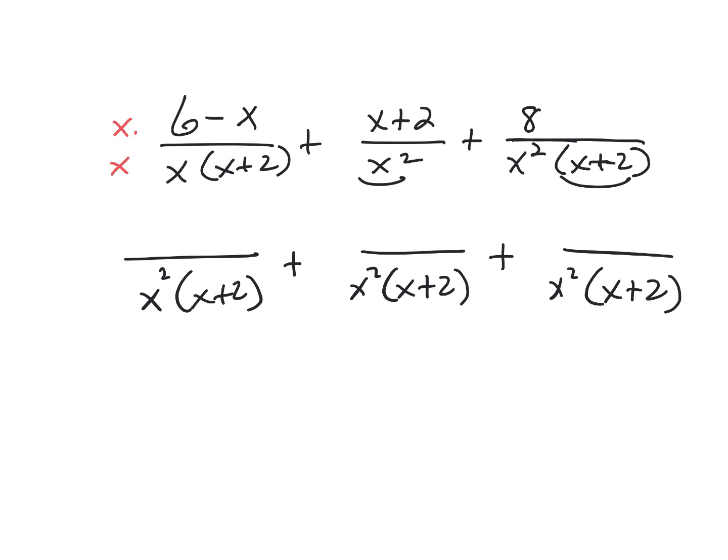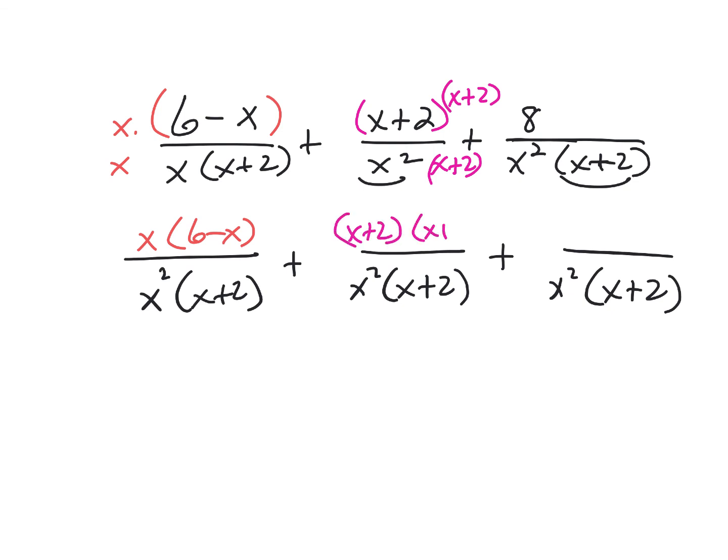So I'm going to times top and bottom by x. So x times 6 minus x. The second fraction is missing the x plus 2. So x plus 2, x plus 2. And then the last fraction has everything it needs. So I'm just going to leave the 8.